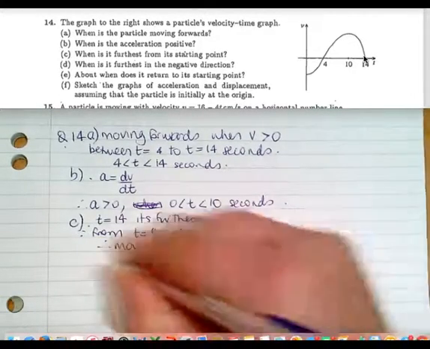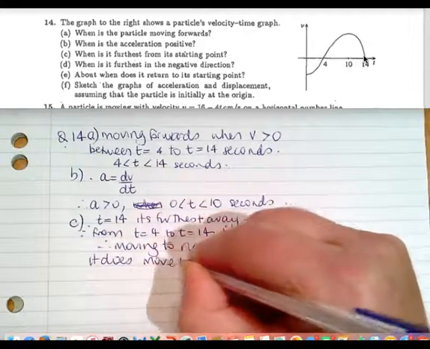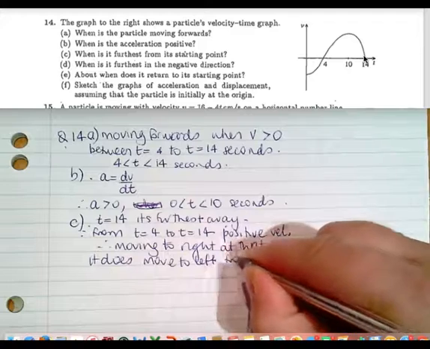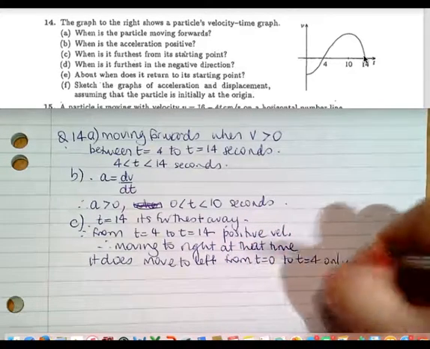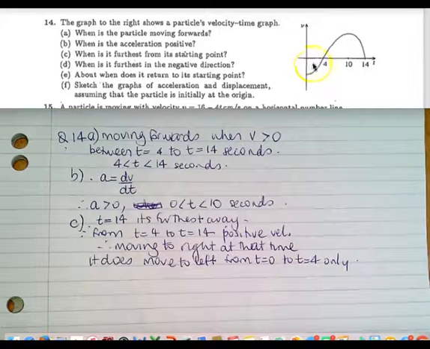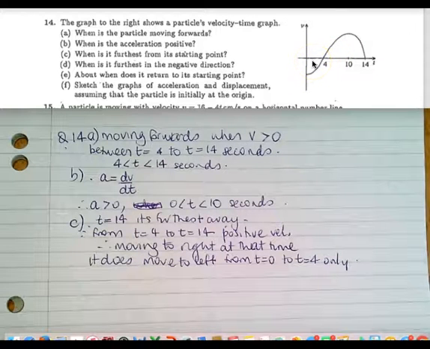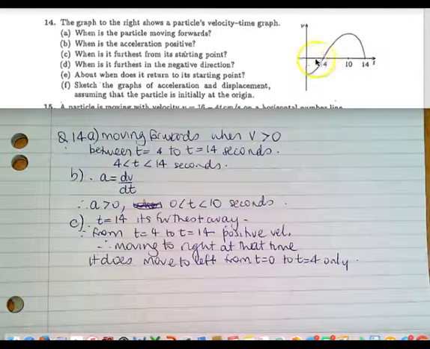Now the particle does move to the left, or in the negative direction, from t equals 0 to t equals 4 only. The other thing you've got to remember is displacement or distance is the integral of velocity. Now this area here between 14 and 4 is a lot bigger than the area from 4 to 0.